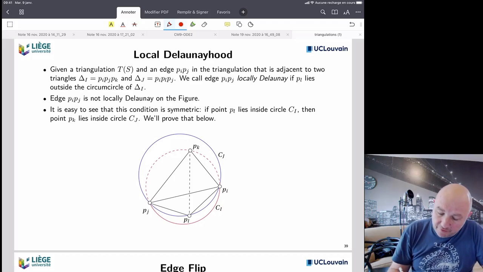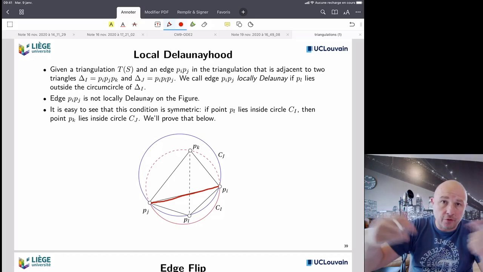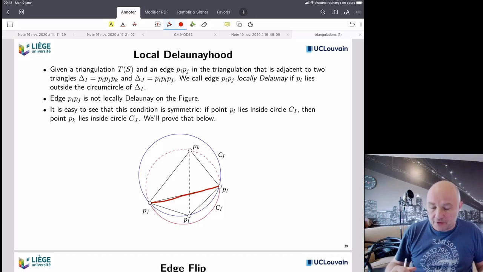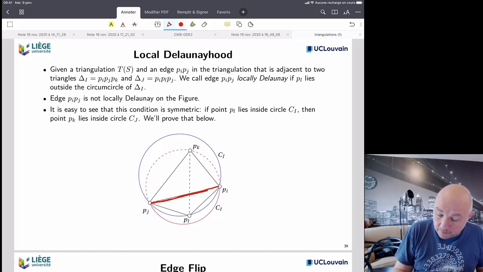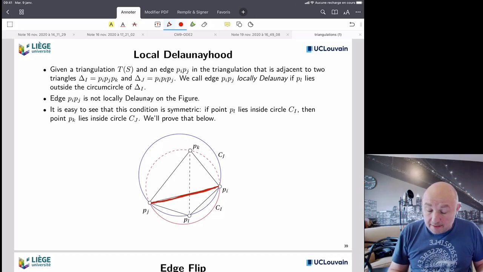So, imagine we have an edge here and two adjacent triangles. This edge is internal, it's not on the convex hull.